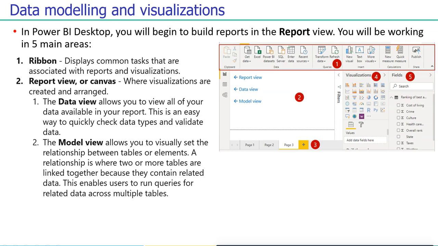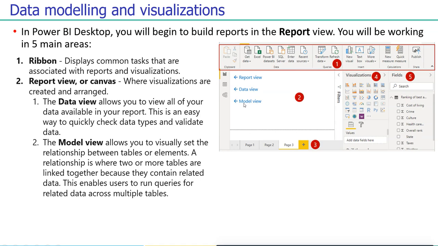So once you install the application software, the screen is going to be like this. Here you can have three tabs. This tab is called report view, which means you can see your report. Data view presents your data.